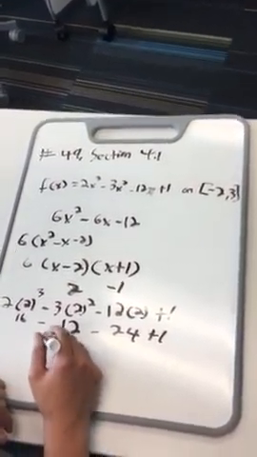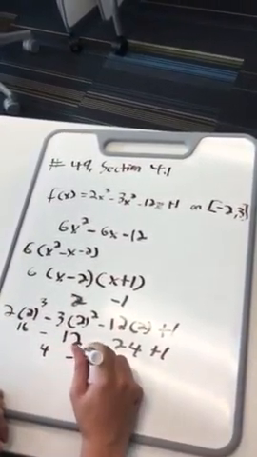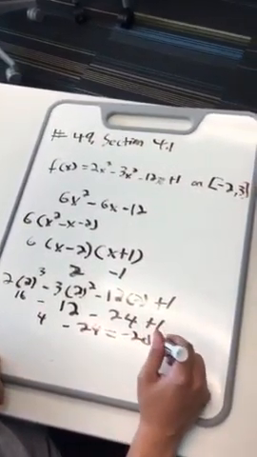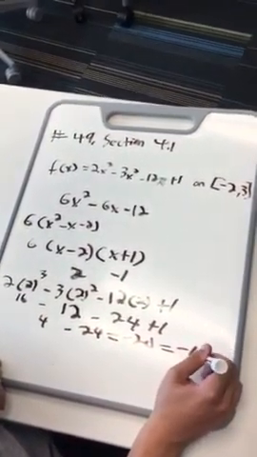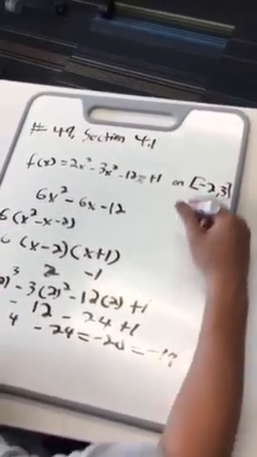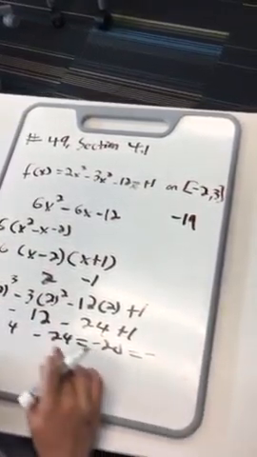So 16 minus 12 is 4, minus 24 is negative 20, plus 1 would be negative 19. So we have that value right there, and we want to put it off to the side just to see if we can check if it's the minimum later on.